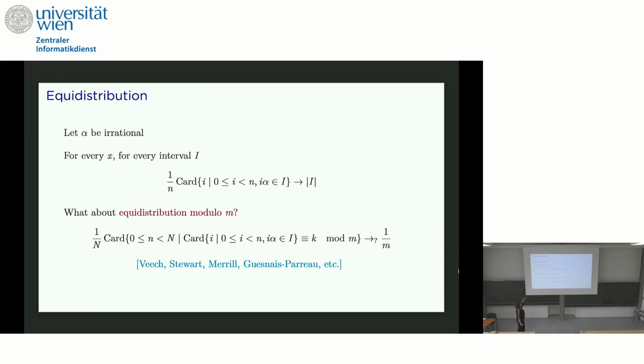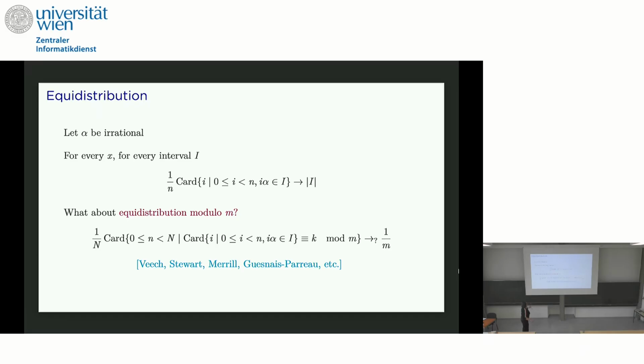For fixed small n, I count the number of visits modulo m. To do that, I need two levels of integers, so small n and a big N. So the question will be the following.